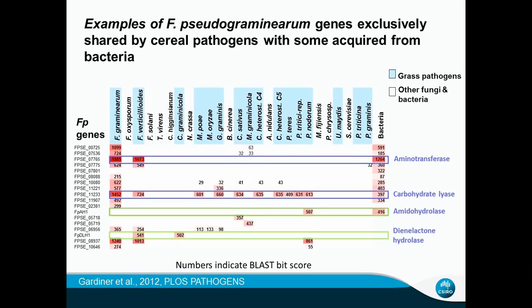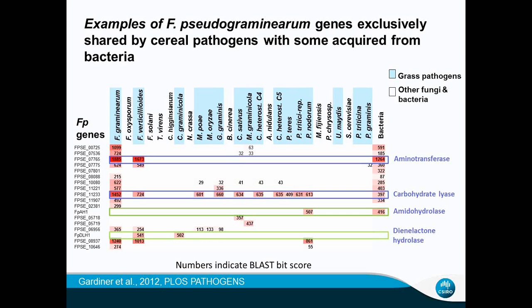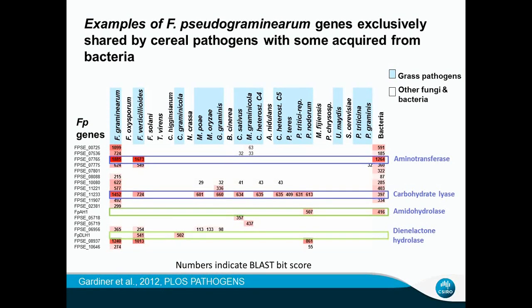For instance, this gene has a close homologue in Fusarium graminearum, and also in Fusarium oxysporum, but there is no other homologue of this gene in other fungi, even in cereal infecting fungi, but there is a close match in bacteria. And we have identified a number of such genes. For this gene, there are quite significant matches to many other pathogens, including some cereal pathogens. In this case, this is quite an interesting case.